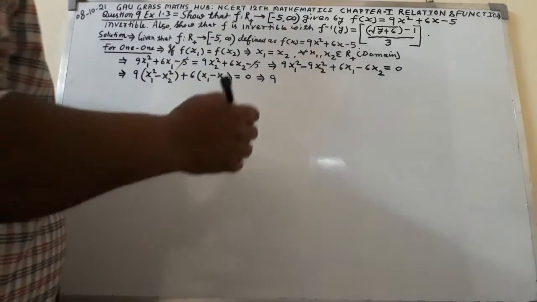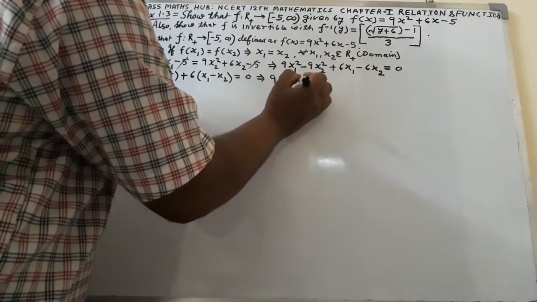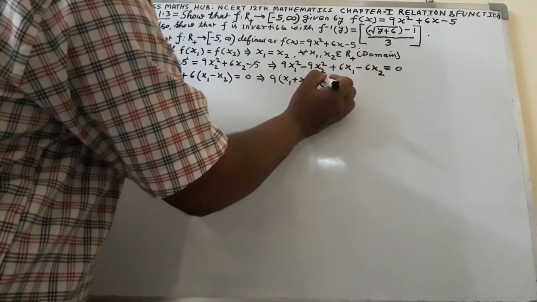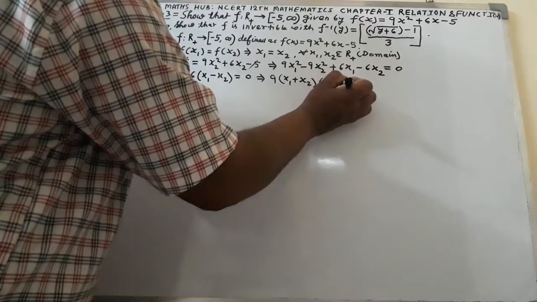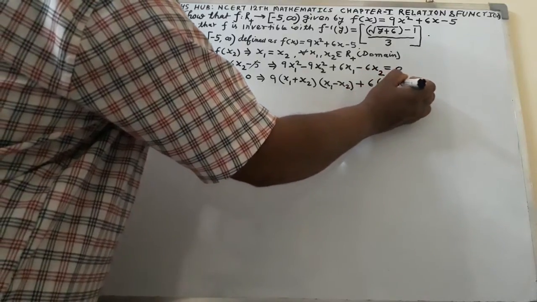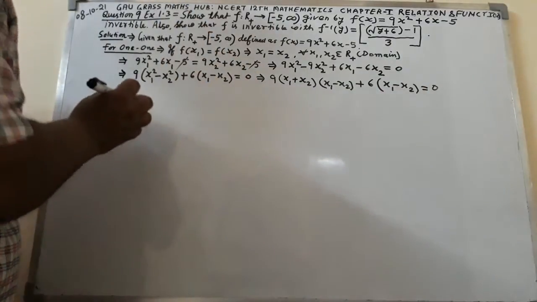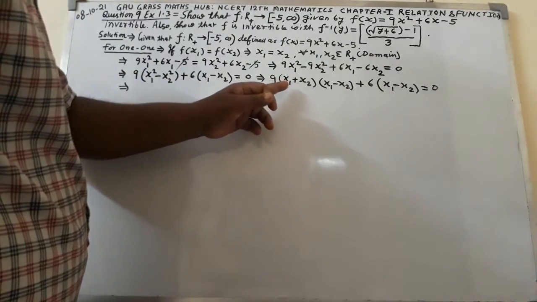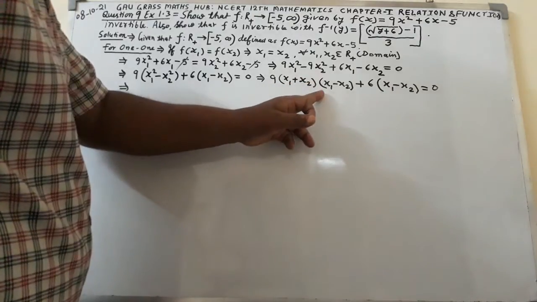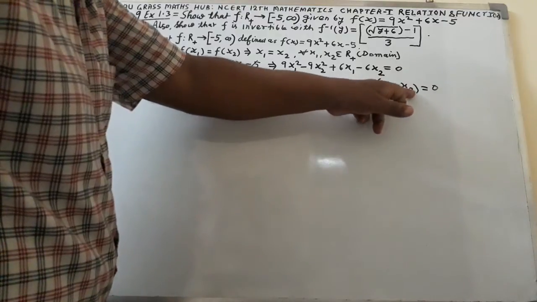On the basis of that pattern, here I shall write x1 plus x2, in another bracket x1 minus x2, plus 6 in bracket x1 minus x2 equal to 0. Again, 9 in bracket x1 plus x2 bracket close into x1 minus x2 bracket close plus 6 in bracket x1 minus x2 equal to 0.